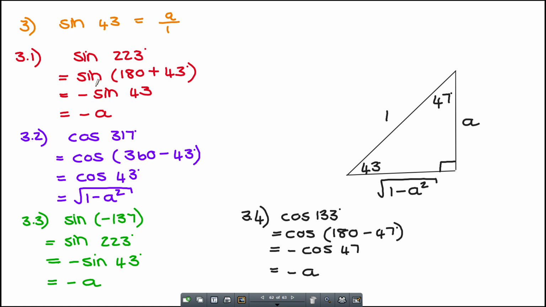We did reduction, right? So that's basically what we're doing here. So that long thing I want to write as a shorter answer. So the 180 plus places me in the third quadrant, and then I go look at what sine is in the third quadrant, and sine is negative. So that's why I know it will be negative sin 43.